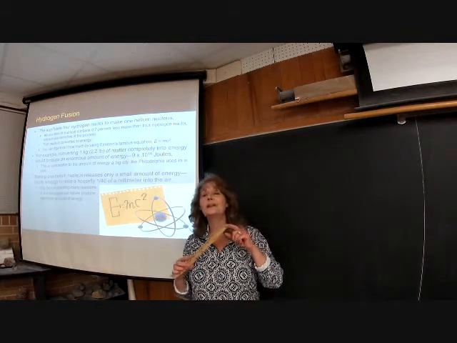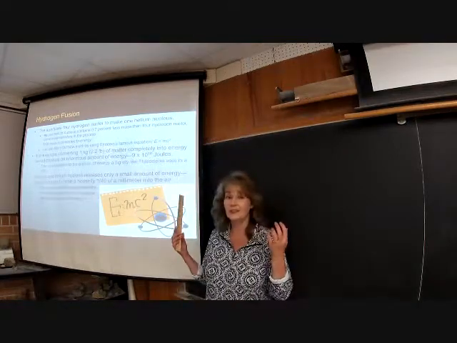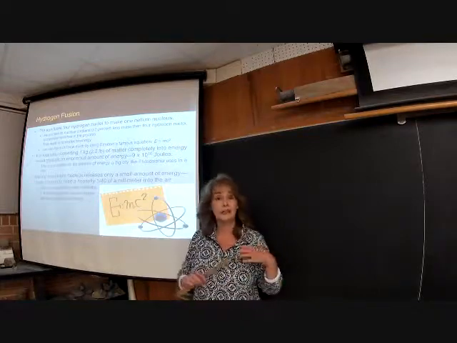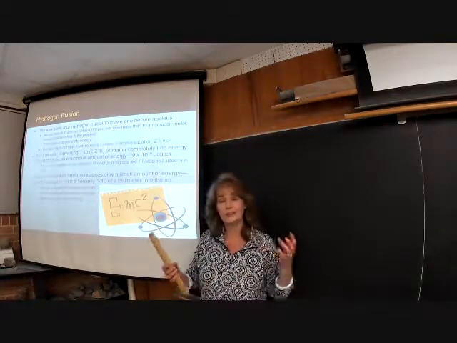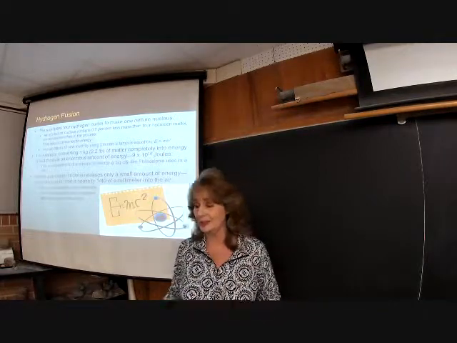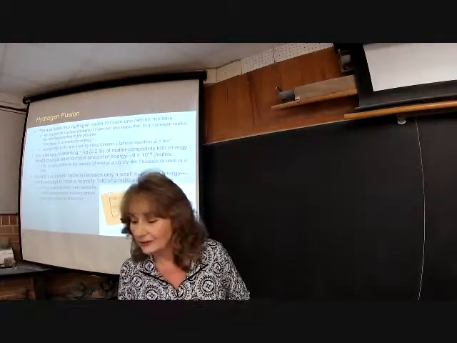That little bit of mass can't just disappear; it's actually converted into energy. And so that energy gets released during a nuclear fusion reaction. So a little bit less mass.